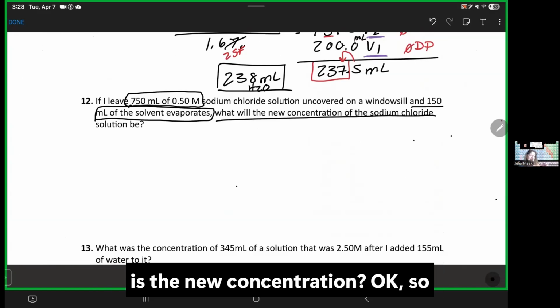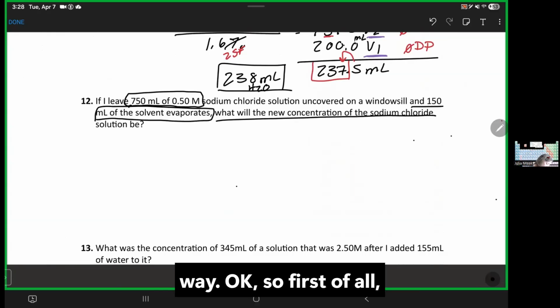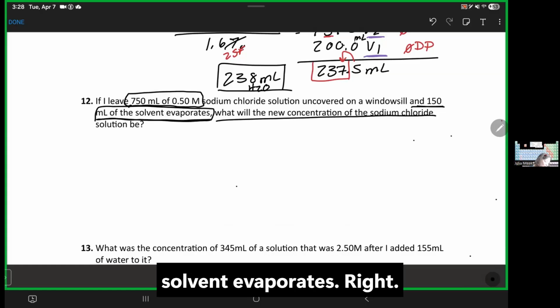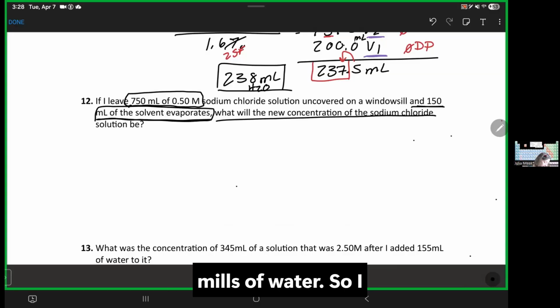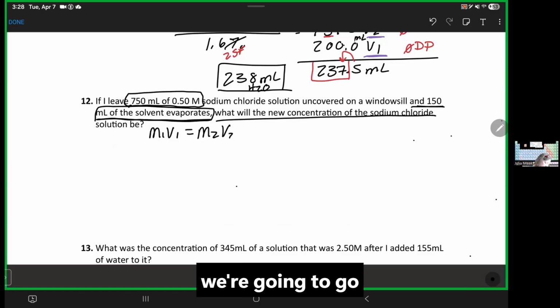Okay, so that's asked in a really roundabout way. First of all, if 150 milliliters of the solvent evaporates, I'm losing an amount of water. So I'm losing 150 mils of water. So we're going to go M1V1 = M2V2 again.